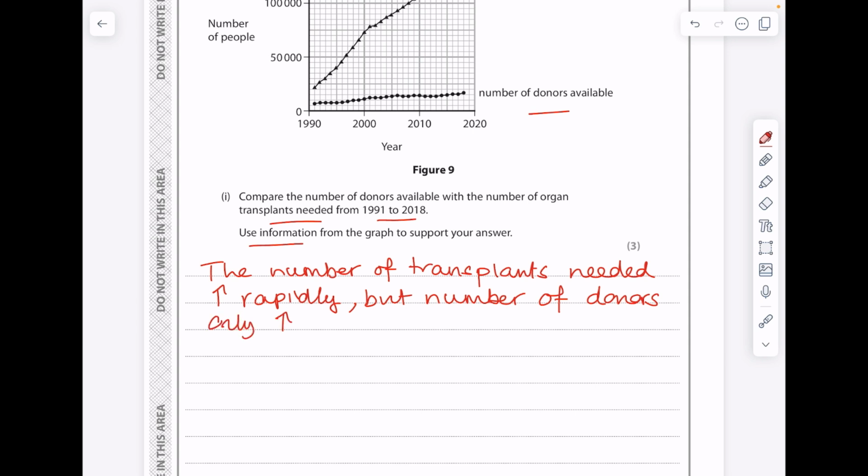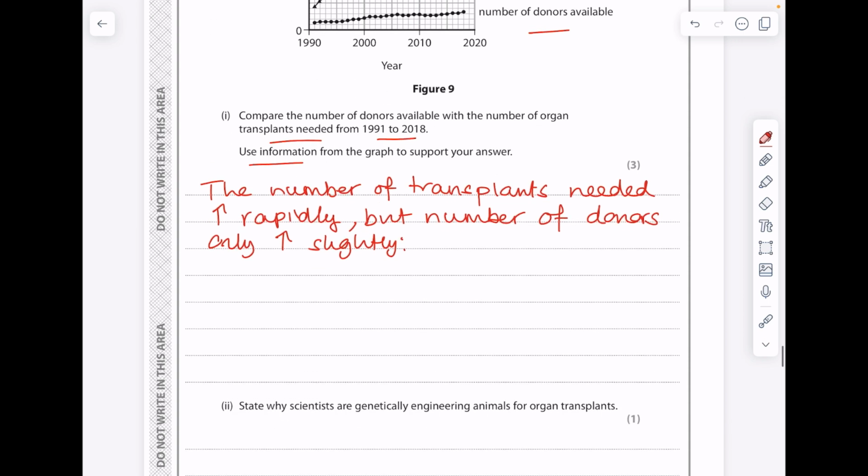So there's 1 mark. We can also see that the number of donors available is always less than the number of kidneys required.